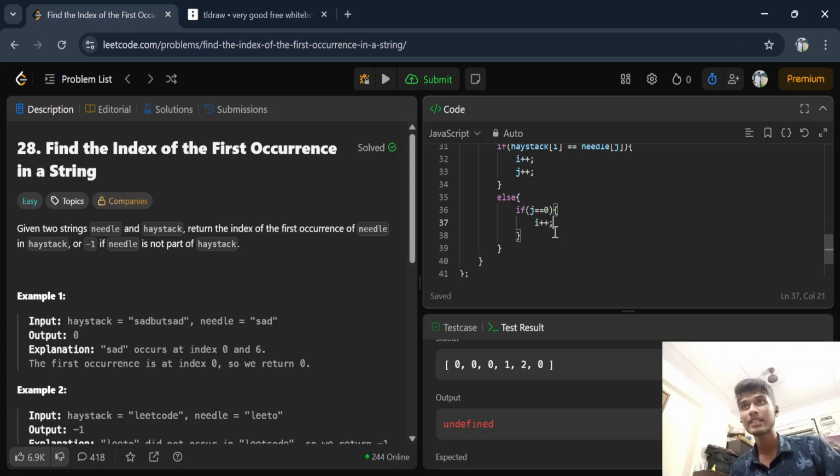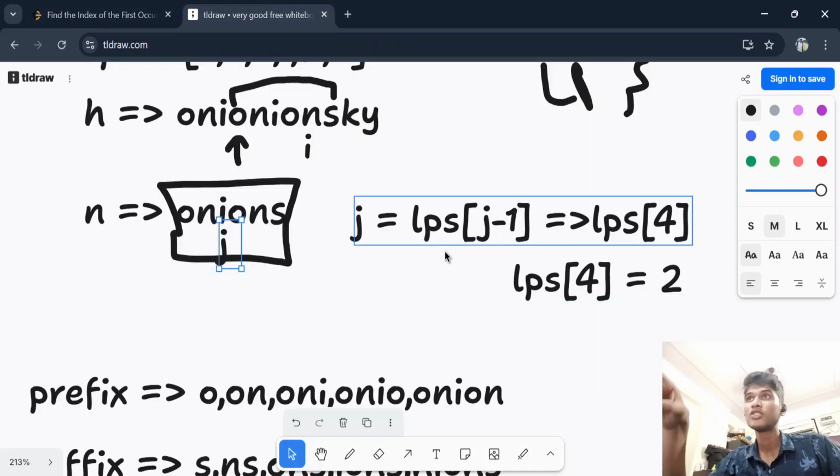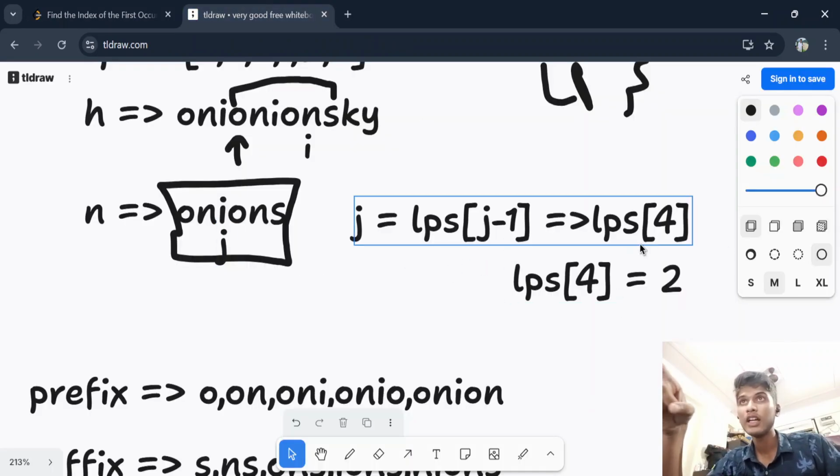So if j is at 0, just move i plus plus. Okay. Else, what to do? Else, if they are not matching, j is equal to LPS of j minus 1. See, that's what I explained to you. j is equal to LPS of j minus 1, LPS of 4, and that's how j went to 2. 0, 1, 2. LPS of 4 was what?